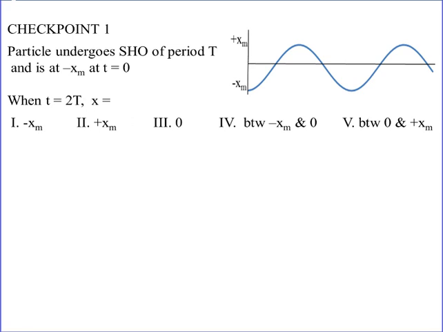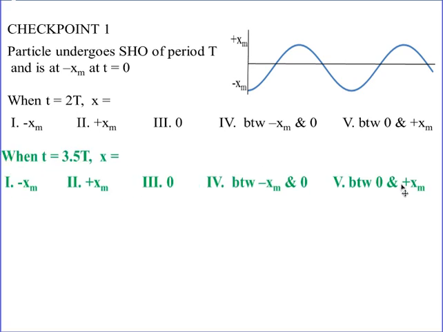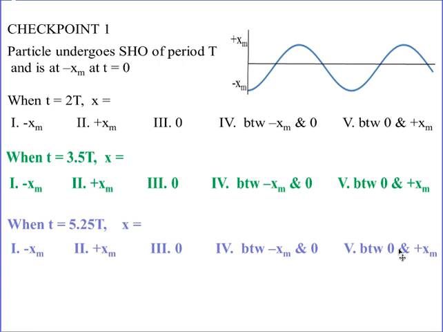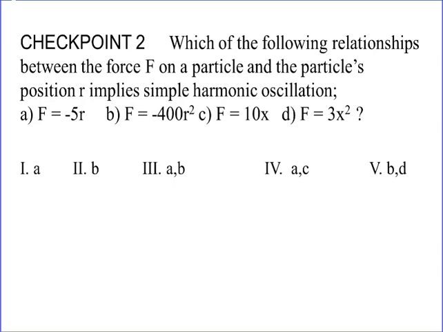Choose, and then do this problem. 3.5 periods later, what will x be equal to? If at time 0 x is equal to negative x max, and at 5.25 periods later, what will x be equal to? And another checkpoint.